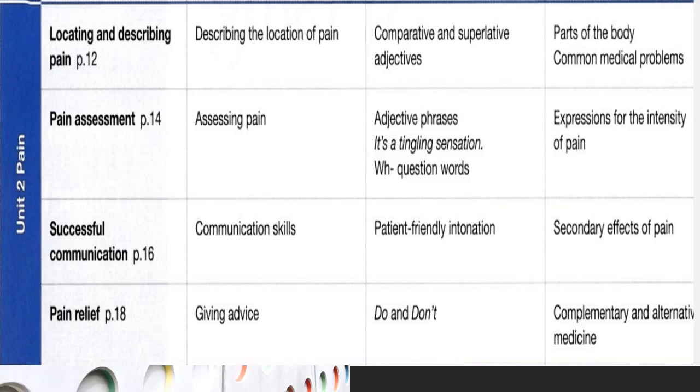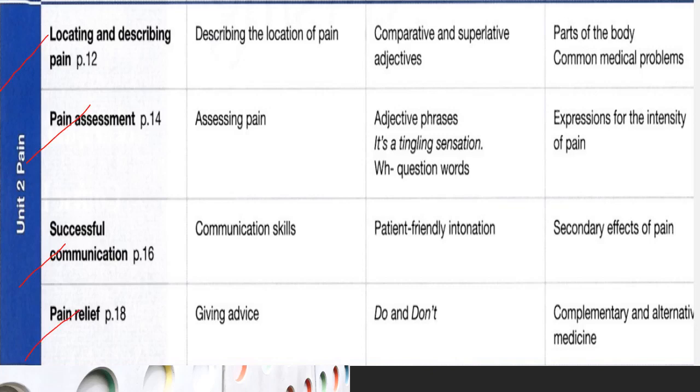Number 3, we are going to learn about successful communication, how to communicate successfully with a patient or with one of your colleagues, another nurse, I mean. And after that, we are going to talk about pain relief.